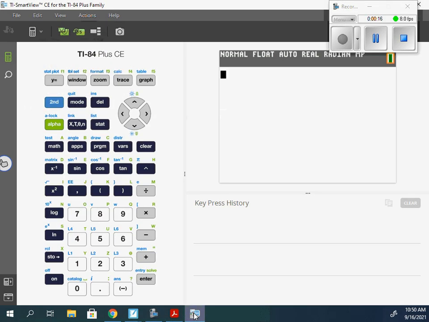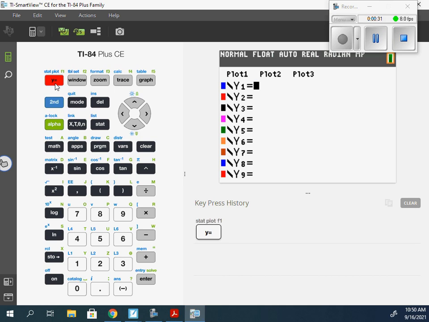Now, yesterday we did have the graphing calculator pulled up, and we could type the function in. The first thing we would hit would be y equals.